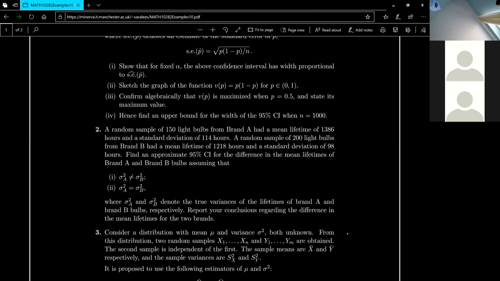Okay. So share screen. So there are two parts. I will only do the first part because part two is similar to the question I have already done. So question two, part one.